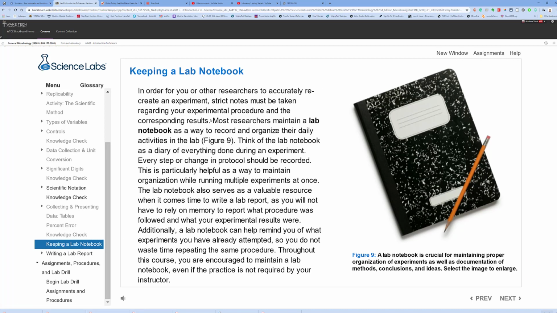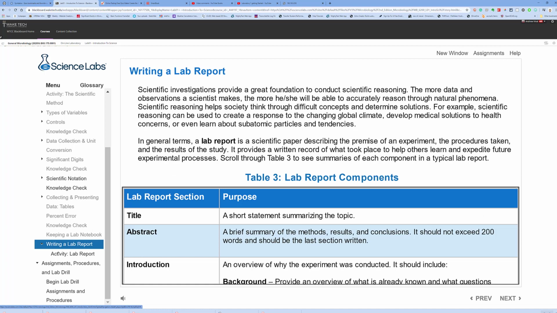Now I'm going to deviate on the lab notebook. You can follow the instructions for this, but I use LabWrite for writing lab reports, and that's an NC State link, and I've placed that in the folder in the student resources. LabWrite is an easy way to always write a lab report.